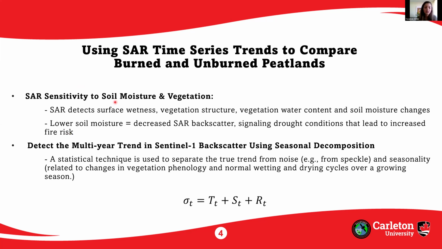And since peatlands lose moisture before they burn, we expected to see a drop in SAR backscatter leading up to fire events. So our main goal was to see if there was a clear difference in backscatter trend before the fire between burned and unburned peatlands. And more importantly, how far in advance we could detect these warning signals.